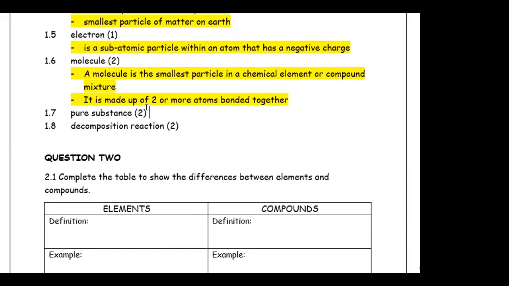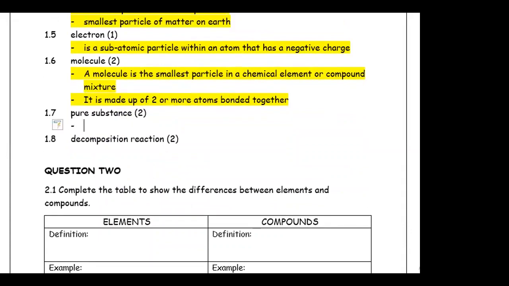Okay, a pure substance. If you know the answer, feel free to pop it in the chat. If you guys think you have anything in addition to my answers, you're welcome to write it down, just like Ethan did. So a pure substance is a substance that cannot be broken down by physical means, right?